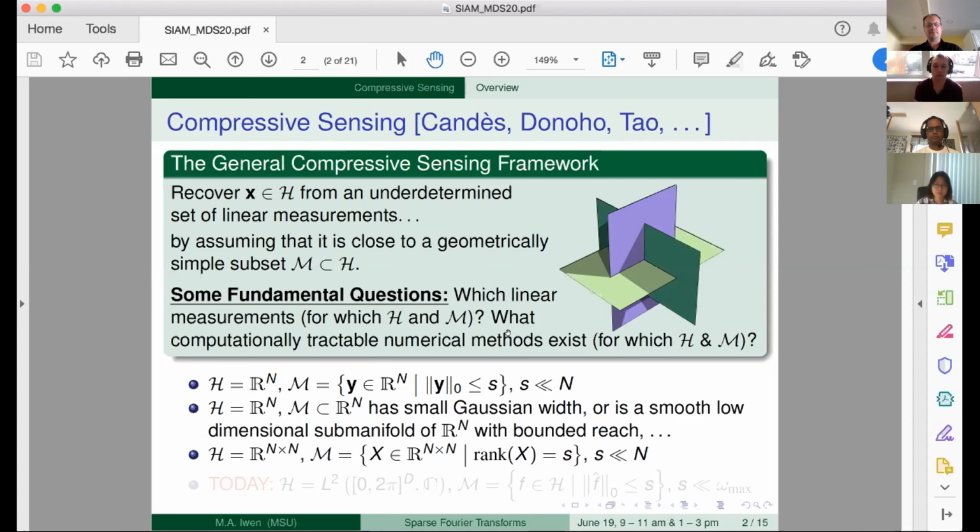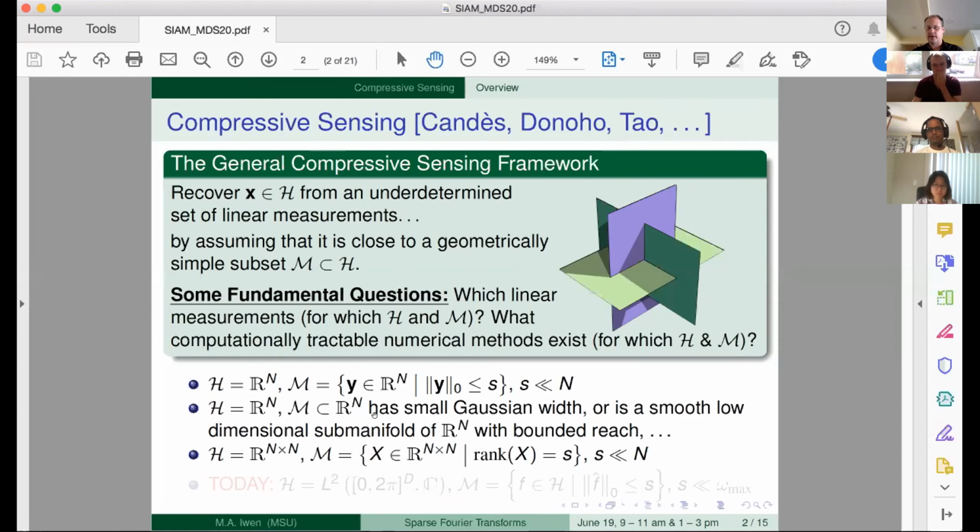In the standard compressive sensing literature, going back about 15 years or so now, usually you have Euclidean space, so just R^n, as your Hilbert space, and your geometrically simple subset is all vectors which are S-sparse, having at most S non-zero entries. Later, of course, you can generalize a little bit. You can have Euclidean space R^n and consider other types of geometrically simple subsets for the same problem.